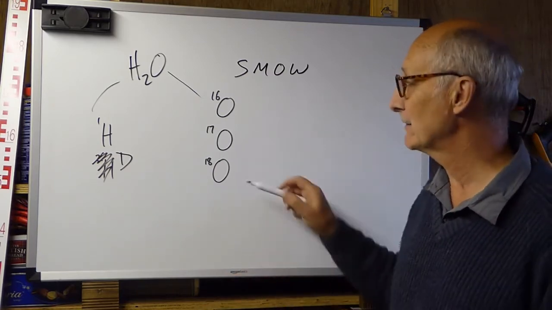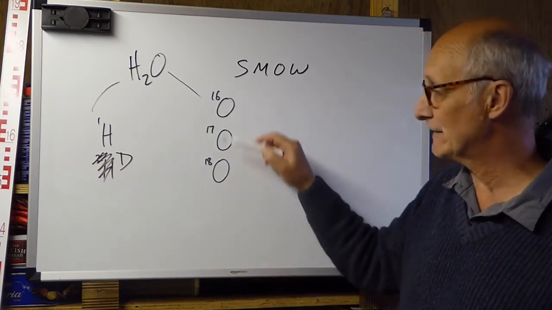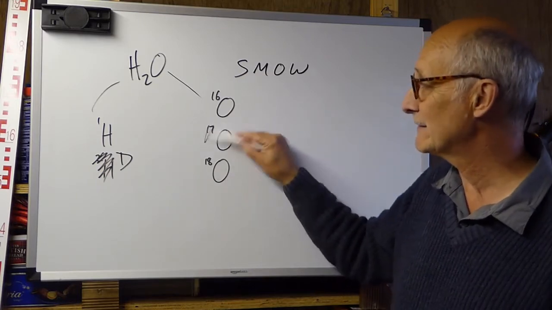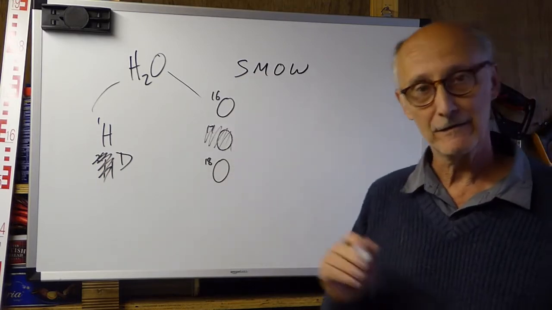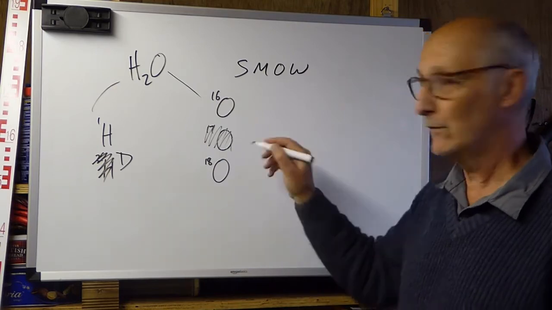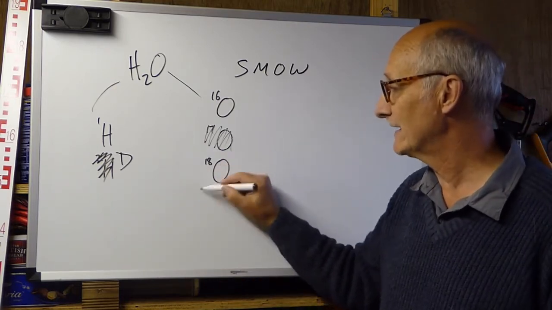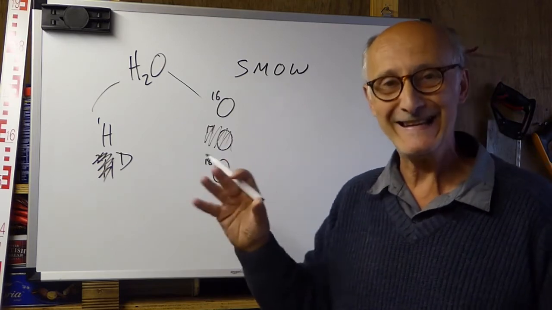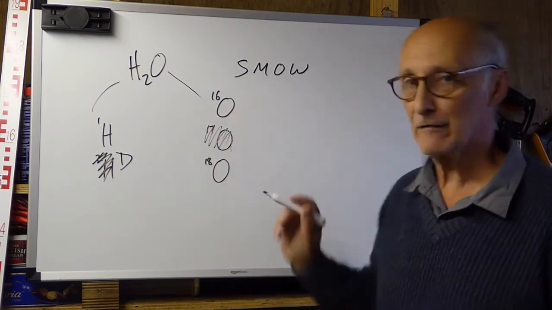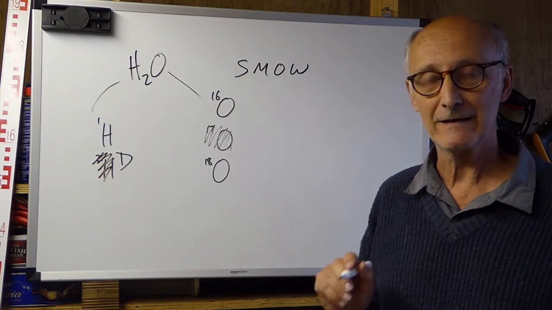Typically, glaciologists pay more attention to oxygen 16 and oxygen 18 and less attention to oxygen 17, so we're going to ignore that for just now. And what we're going to be talking about throughout this session is the ratio between the number of oxygen 18 atoms and the number of oxygen 16 atoms in a sample.